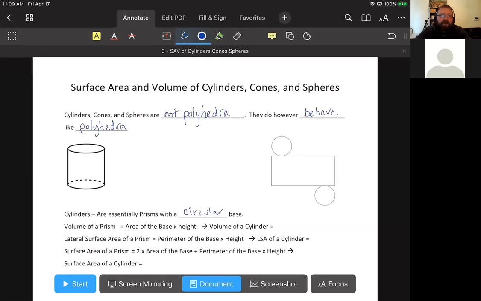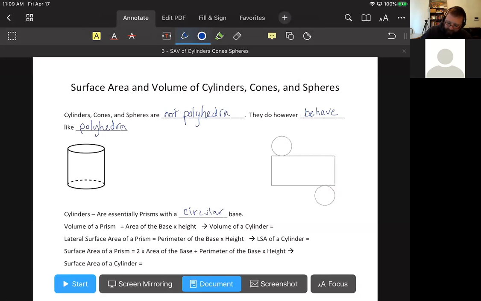Now, the good news is that because a cylinder behaves exactly like a prism, our equations for a cylinder are based on the equations for prisms. So we said before that the volume of a prism is area of the base times the height. Well, in a cylinder, the base is a circle.